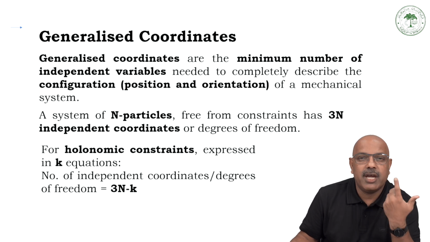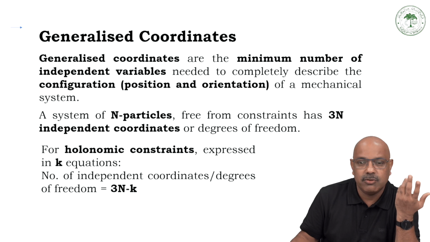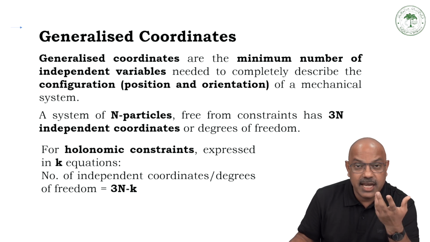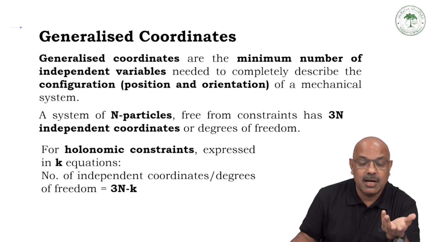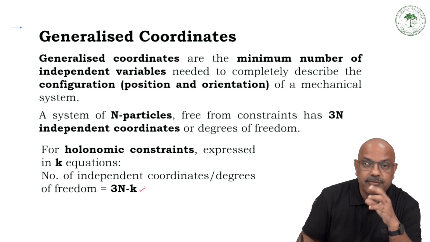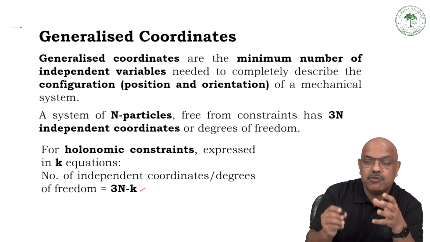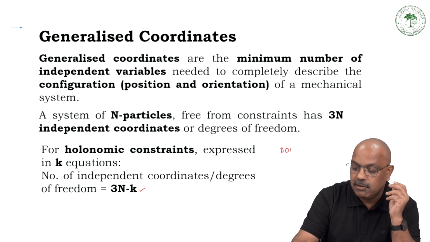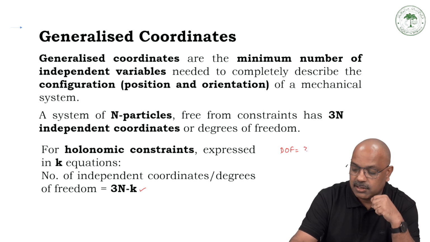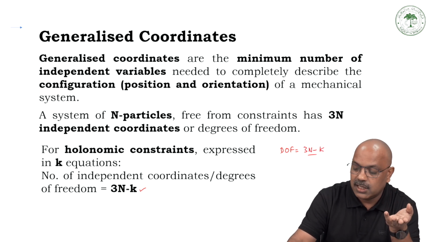A system of n particles free from constraints has 3n independent coordinates, because in that case 3 degrees of freedom per particle are there. But if we have k holonomic constraints, then the number of independent coordinates, or degrees of freedom, is going to be 3n minus k. Please don't get confused: we have defined degrees of freedom as 3n minus k, and the number of generalized coordinates is also 3n minus k.